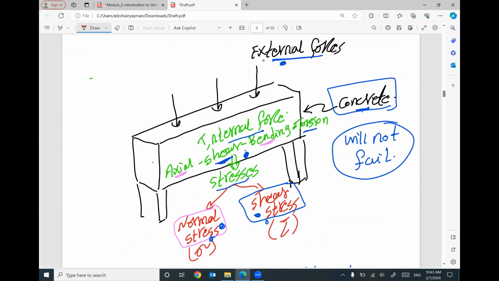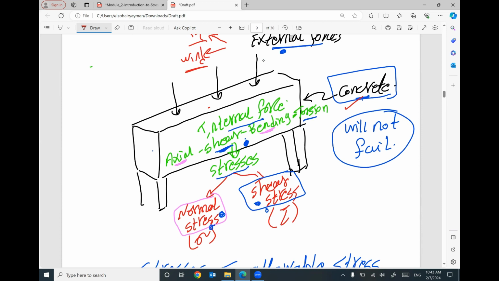If you have any structural member made from any material, this member is under the effect of external forces like dead load, earthquake, wind load, live load, whatever the external load is. These external loads will create internal forces in terms of axial force, shear force, bending moment, and torsion.